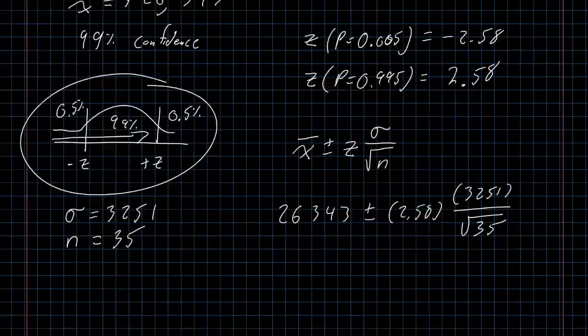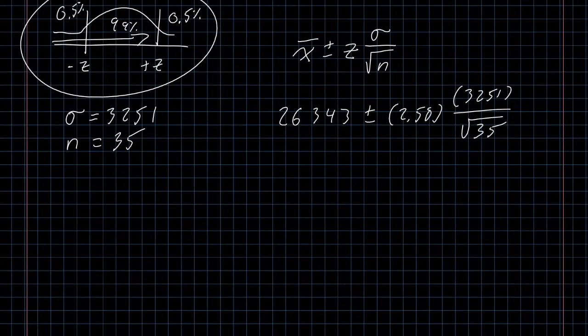I'll do this in 2 steps. I find that's a little bit easier. 2.58 times 3,251 divided by the square root of 35. My calculator tells me that is 1,400.